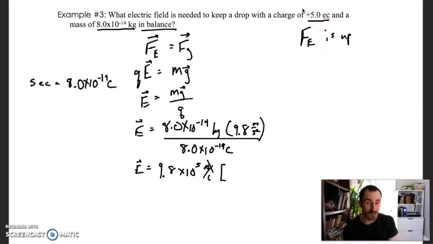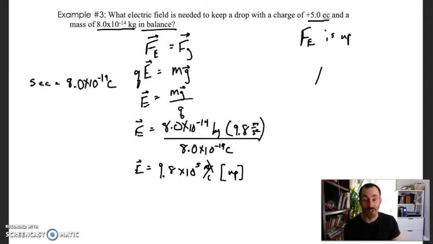So this is a positive charge, and so a positive charge means that the force and the field are going to match each other's direction. So that means that our electric field is going to point up. 9.8 times 10 to the 5 newtons per coulomb up. That's our field strength.